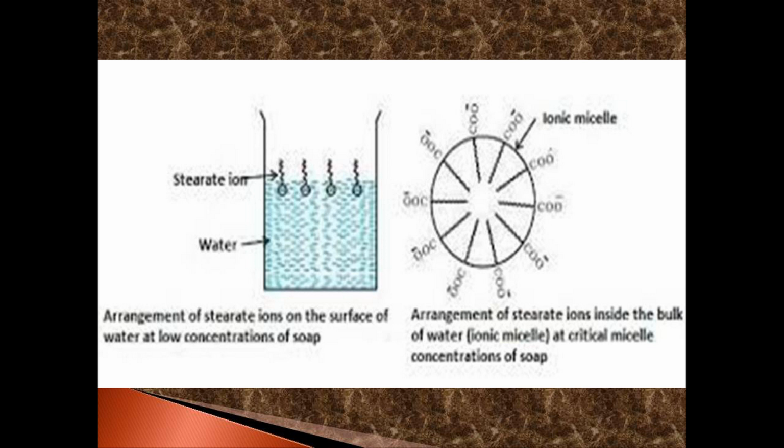But at CMC, the position of the hydrophobic tail is reverted. Dirt gets attacked by the hydrophobic tail and the hydrophilic head moves away from it. The structure reveals it is a cluster consisting of dirt and many molecules of soap.